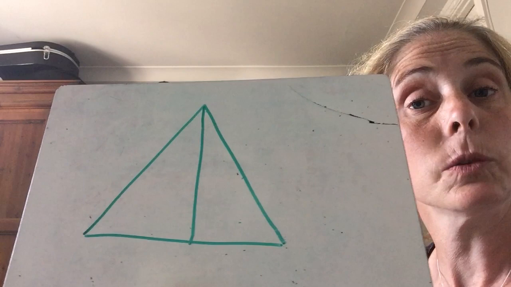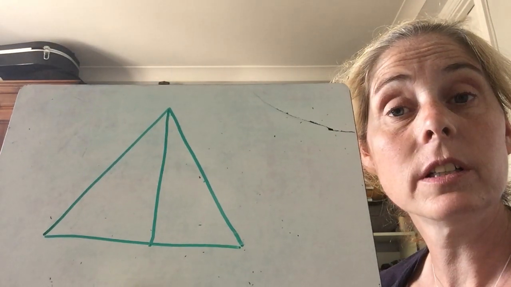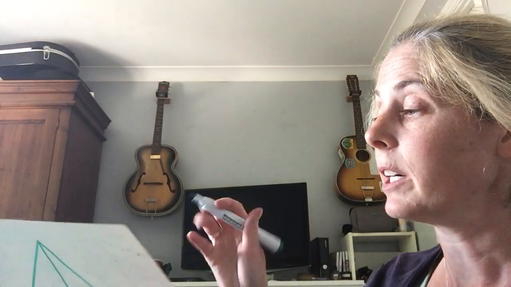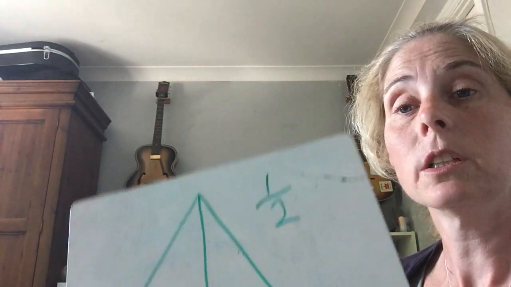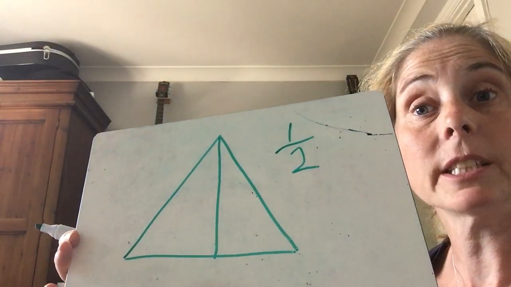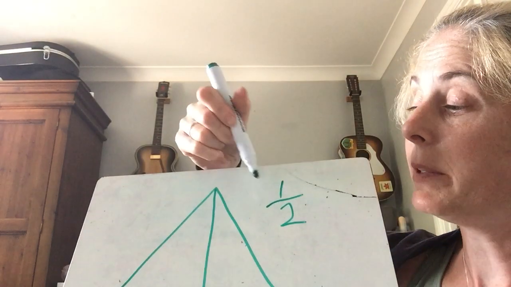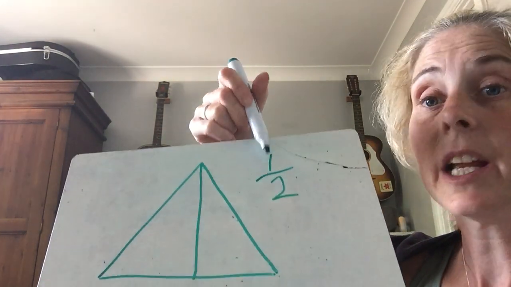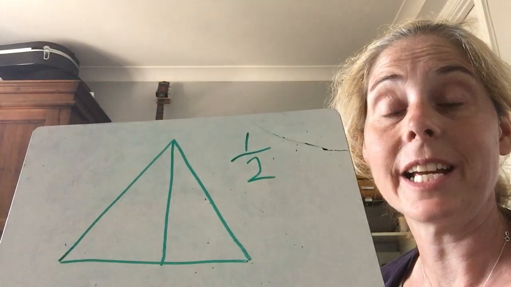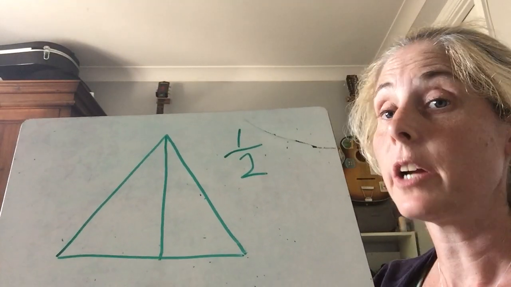Now remember, how do we write the fraction half? Good, we write it 1 over 2. So how many bits am I going to shade? Remember, the top part of the fraction is the amount I'm going to shade in. Okay, so I'm going to shade in 1 part. So shade in 1.